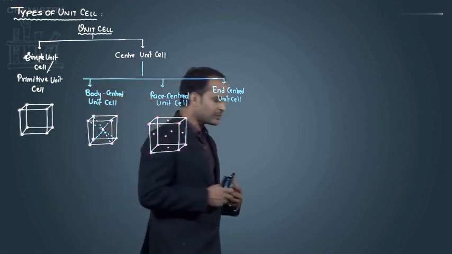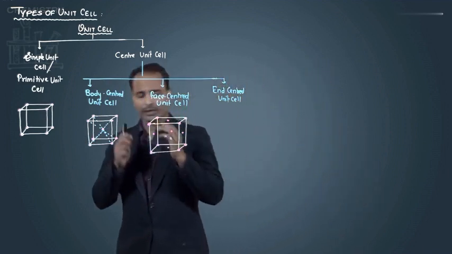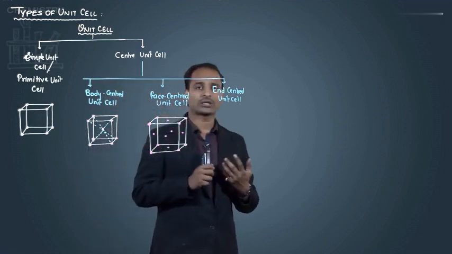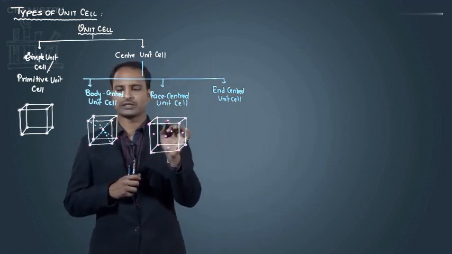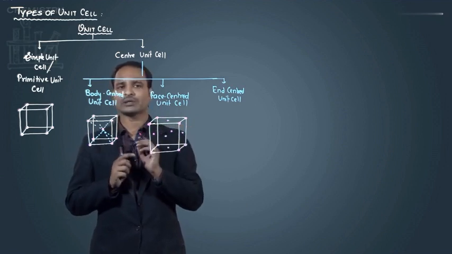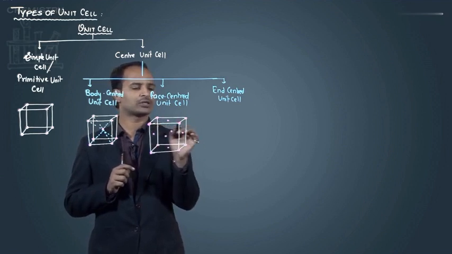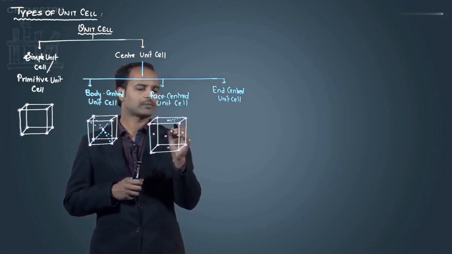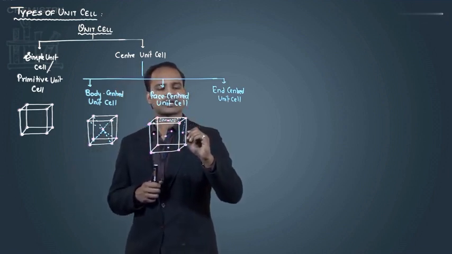Now in this case, it has been observed that the particle present at each face center touches all the particles which are present on the corners of the same face. For example, this particle present at the face center touches all the particles present on the corners of the same face. This is the upper face, and these are its 4 corners, so it touches the particles of all these 4 corners. Similarly for the right face, this touches the particles present here.